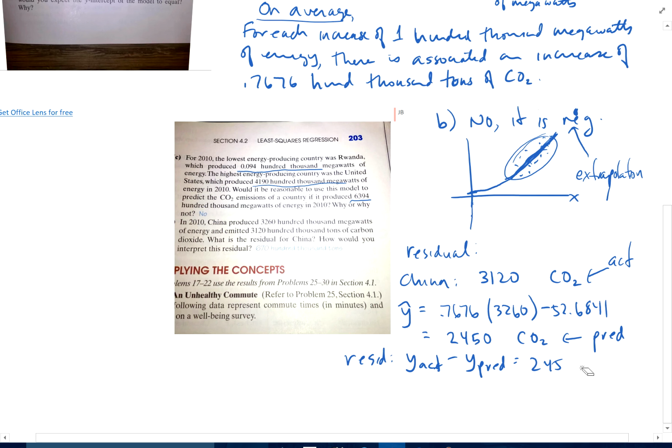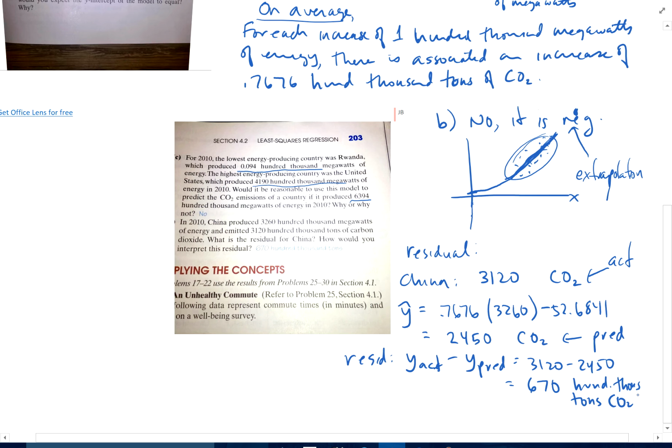Oops, wrote it backwards. 3120 minus 2450, which is 670, 100,000 tons of carbon dioxide.